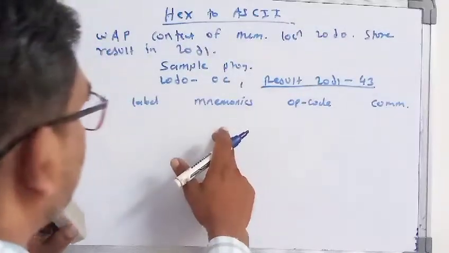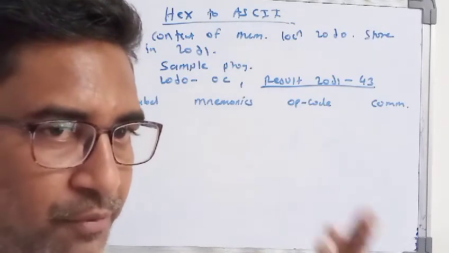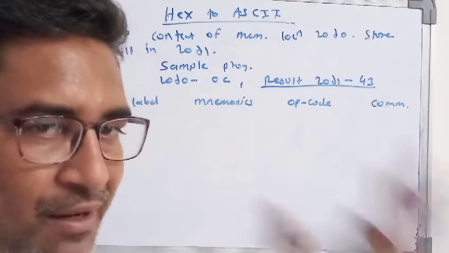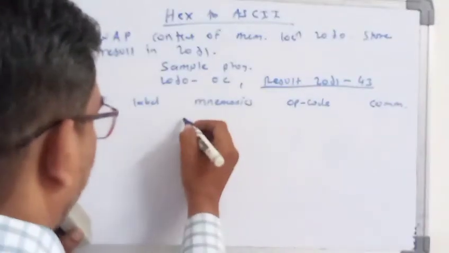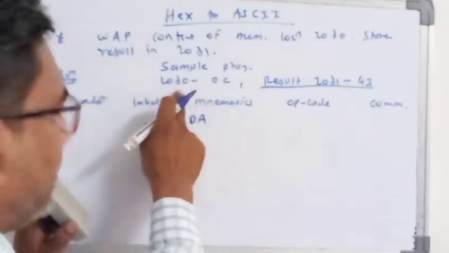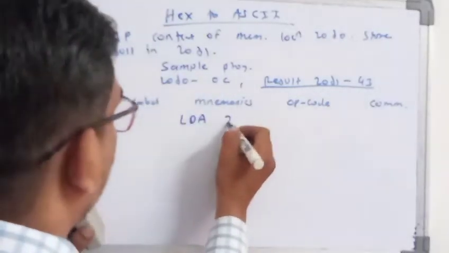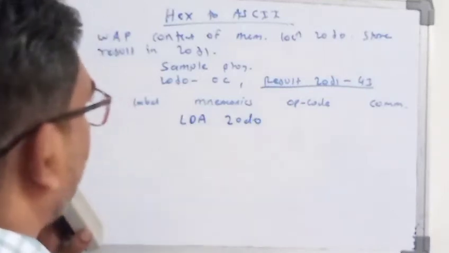Now you have to follow the instructions. What is the first step? You have to load the content of 20D0 directly. So you have the instruction LDA 20D0.